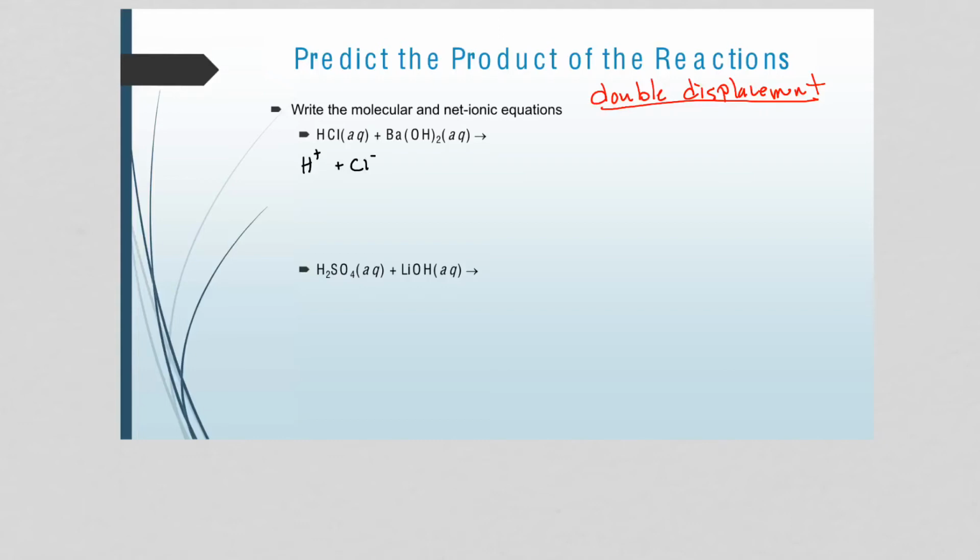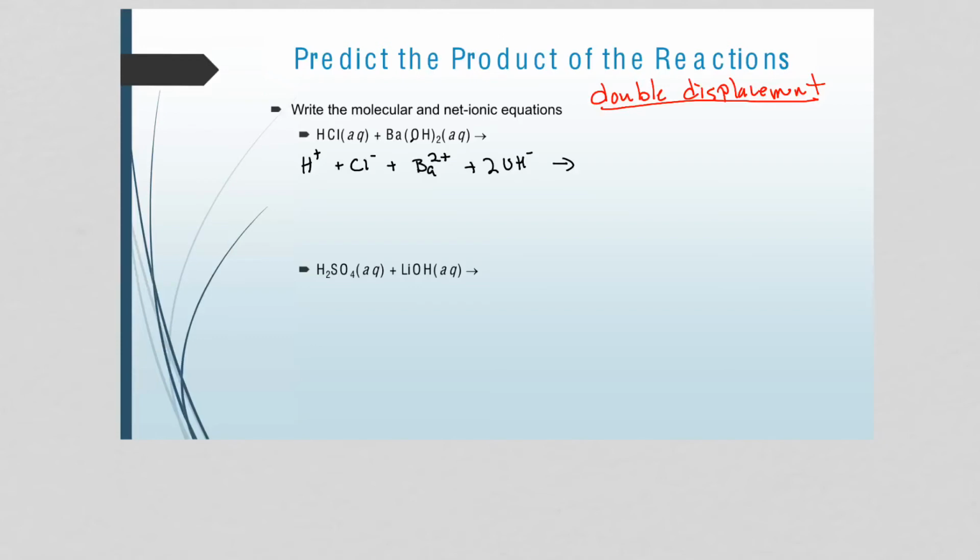Now, my base, in this case, barium hydroxide, it's an ionic compound, strong base. Right? It's going to break apart into my barium ions, being in group 2, it's going to form a 2 plus charge, and get 2 hydroxide ions here that are going to form.